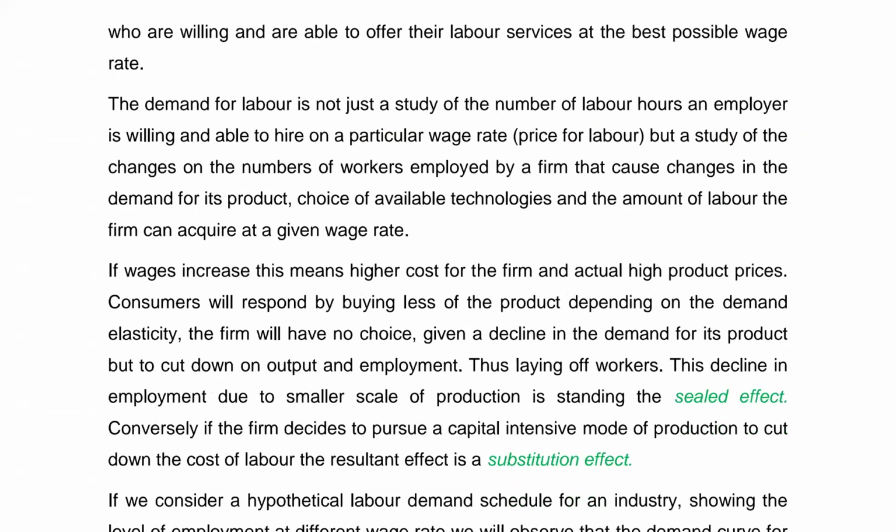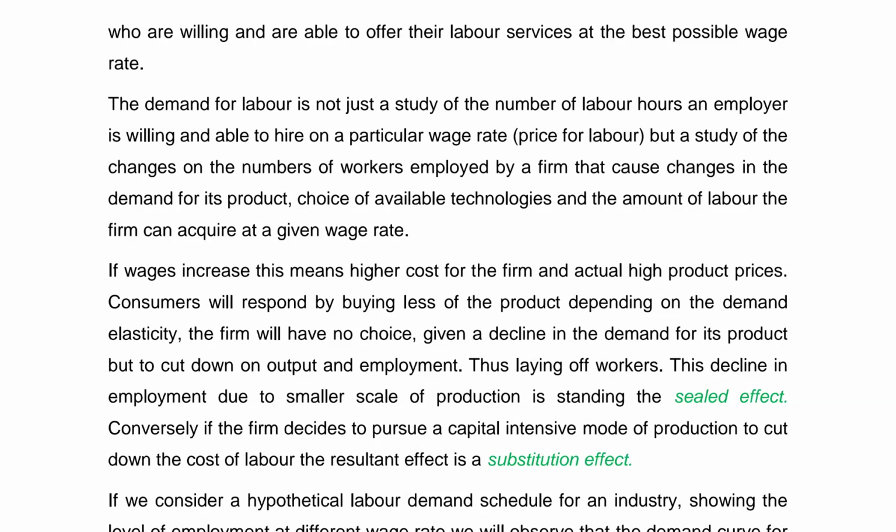The demand for labor is not just the number of labor hours an employer is willing and able to hire at a particular wage rate, but actually a study of the changes in the number of workers employed by the firm that cause changes in the demand for the product.